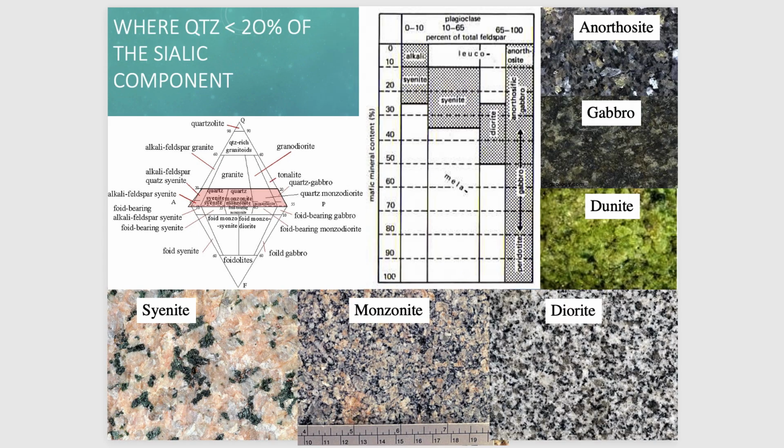Moving further into more mafic assemblages, so less fractionated rocks, we can move down to this interval of the diagram. So the syenite field has a composition in terms of quartz abundance that is inferior to 20%. So if we have less than 20% quartz, we have a range that goes from rocks that are completely devoid of quartz to rocks that have on the order of 5% quartz.